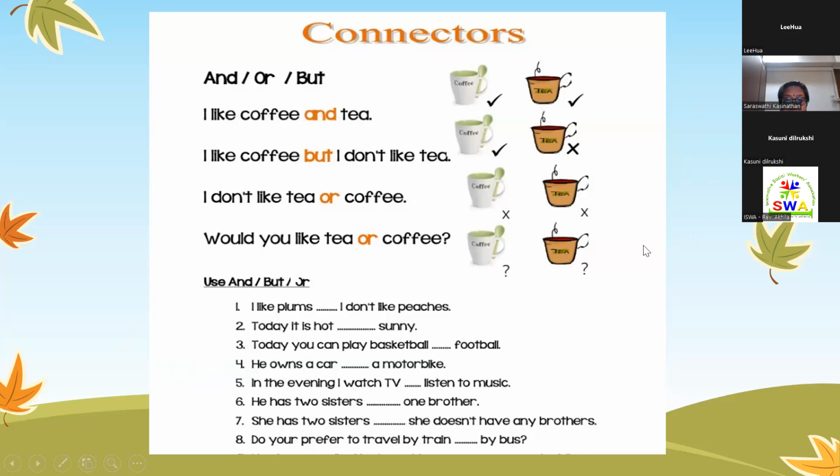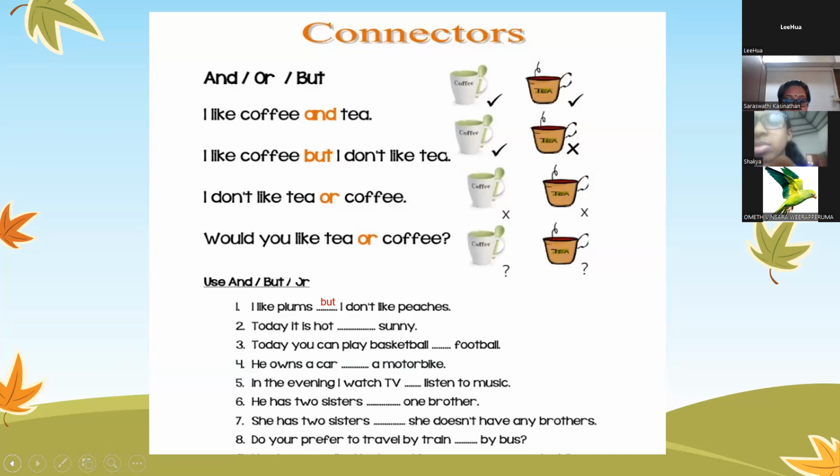Yeah, Kasuni, yes? I like plums, but I don't like teachers. Very good. Well done. Okay. All right, Kasuni. Thank you. All right. Anybody? Okay. Would you like to do this as group work so everybody can actually be on your mic and everybody can give an answer, read and give the answer? Would that be better? Yeah. Let's do it. Okay. Number 2.